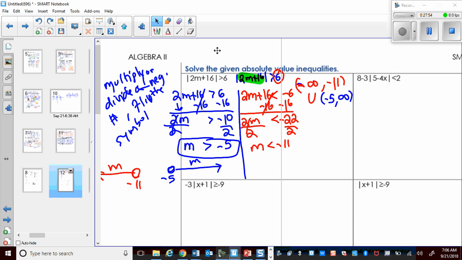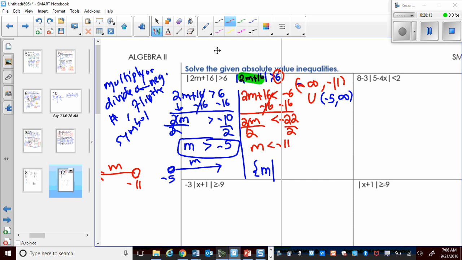Set notation, on the other hand, we have all of our little m's in between. Set notation is going to be curly bracket, m bar.